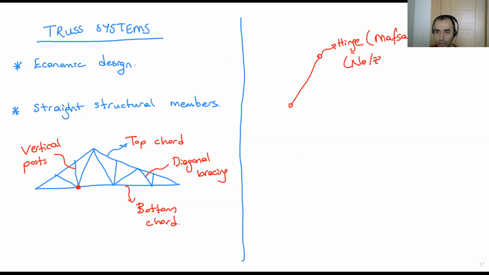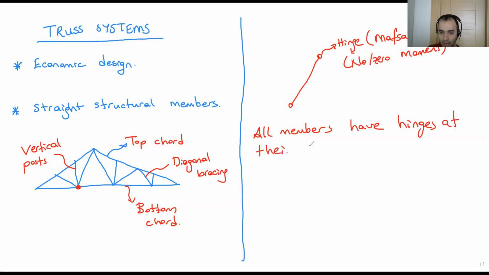No or zero moment. Okay, whatever. How do you call it? So what we know here is that all these members have hinges at two ends. The first thing is this: all members have hinges at both ends.